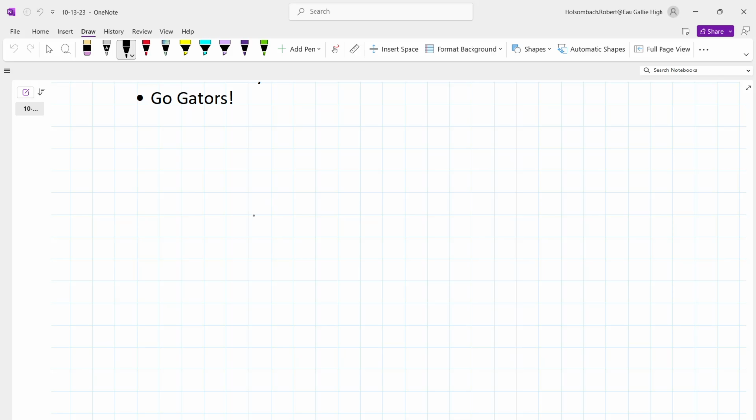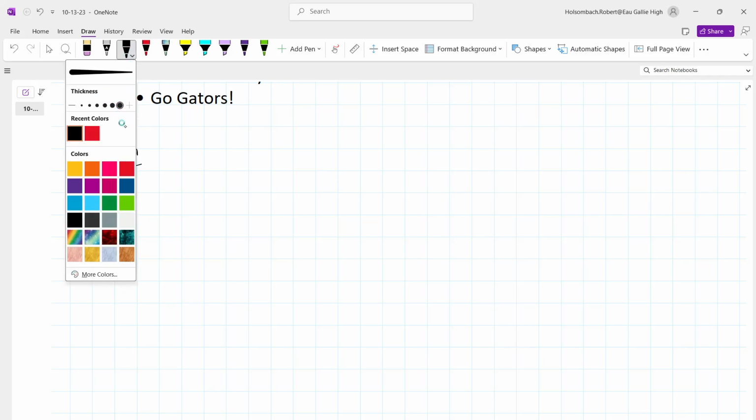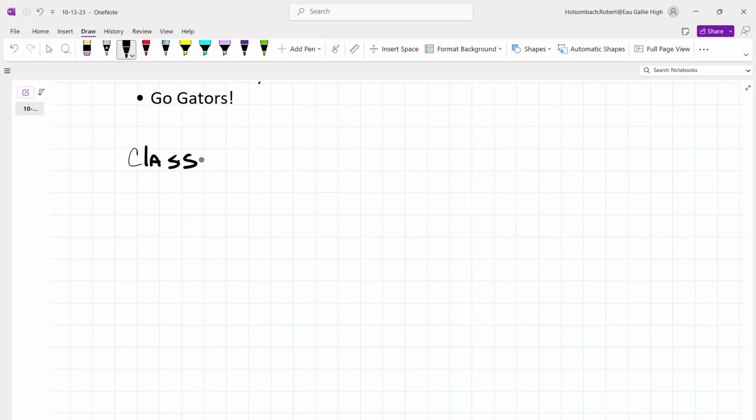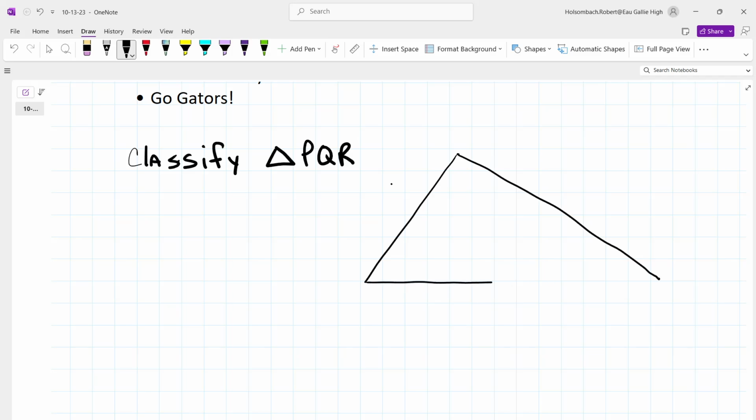example 2, where you are asked to classify triangle PQR. And here's triangle PQR. 45 and 59.